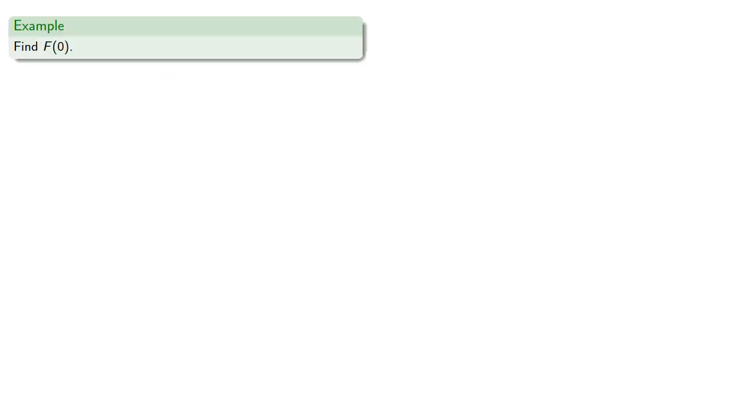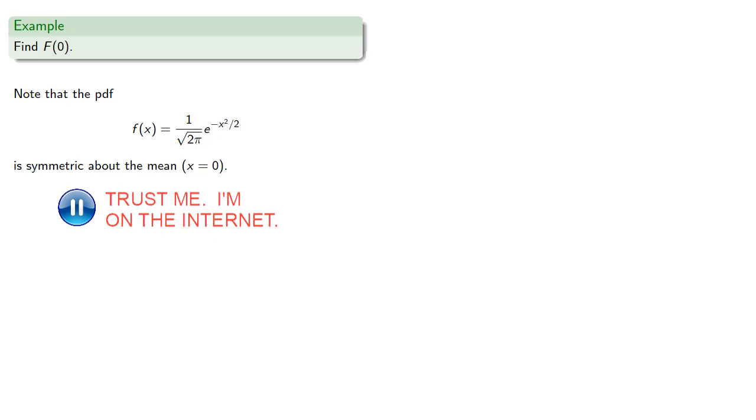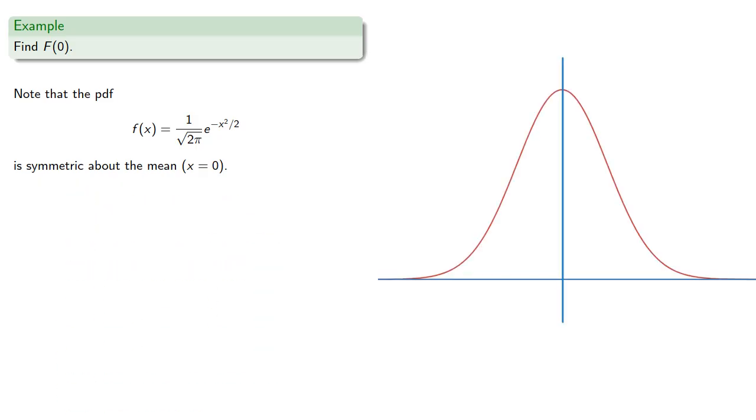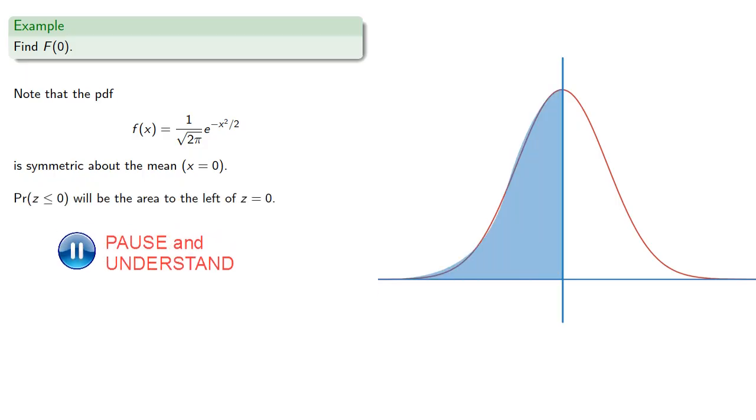So let's start off with a few values. Let's find F of 0. Note that our PDF, and this will probably be the last time we ever write this out in full, is symmetric about the mean, which happens to be at x equals 0. The probability that Z is less than or equal to 0 will be the area to the left.